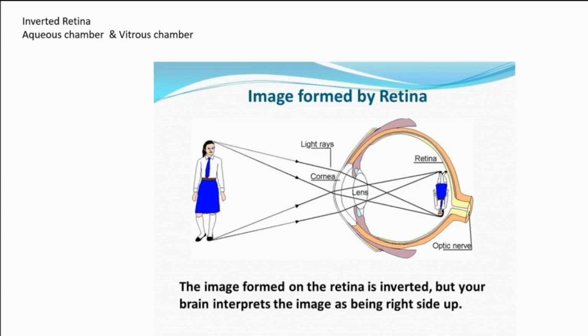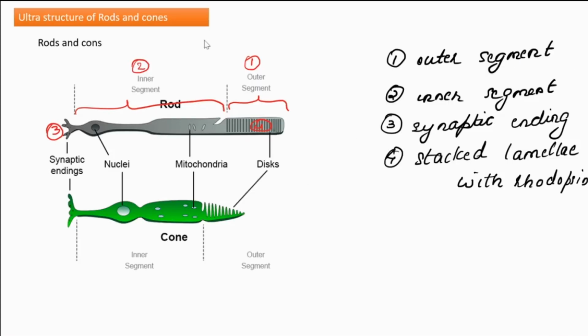Okay. Next, we are going to understand the ultrastructure of rods and cones. This is the rod, and this is the cone cell. Both of them have an outer segment and an inner segment. What is the peculiarity of these segments?